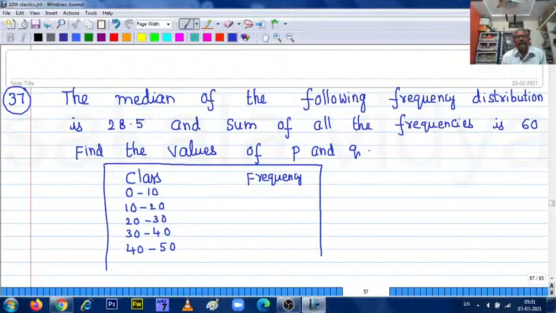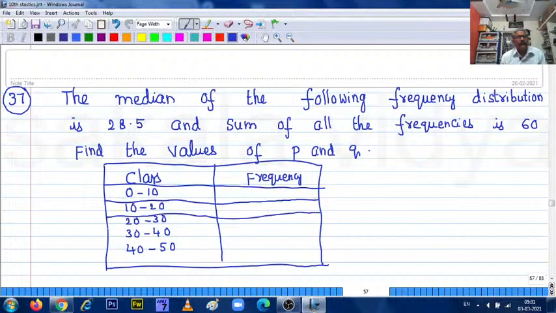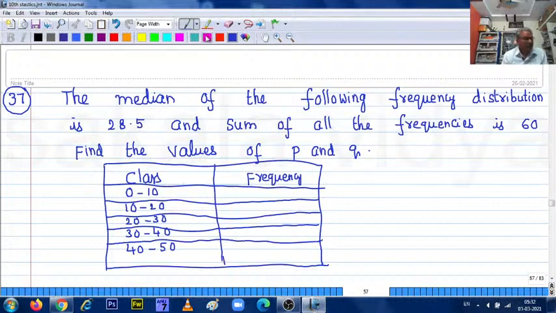Just observe the table. 0 to 10, 10 to 20, 20 to 30, 30 to 40 and 40 to 50. So the respective frequencies are given here. 5, then P, it is unknown, the P value we need to find out.